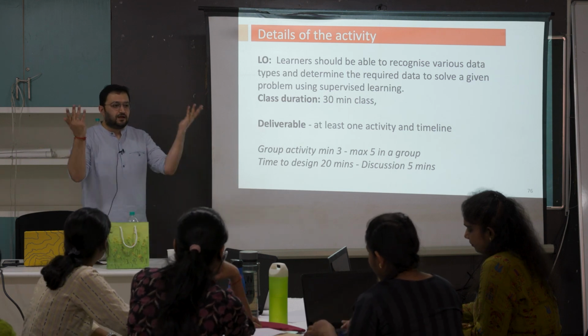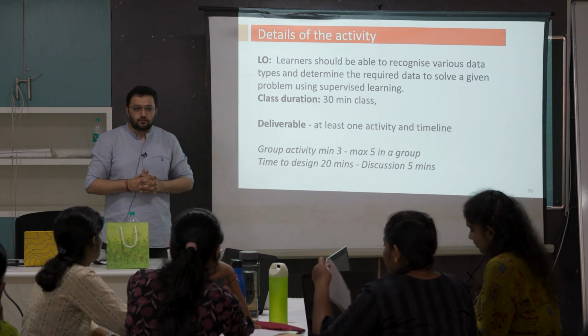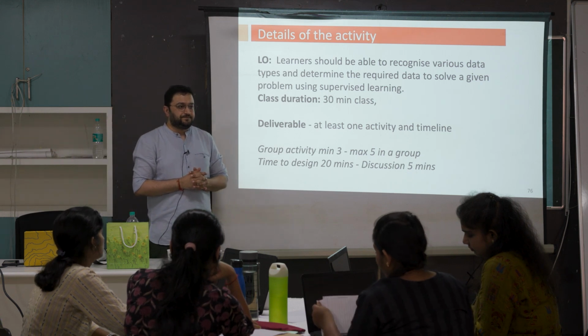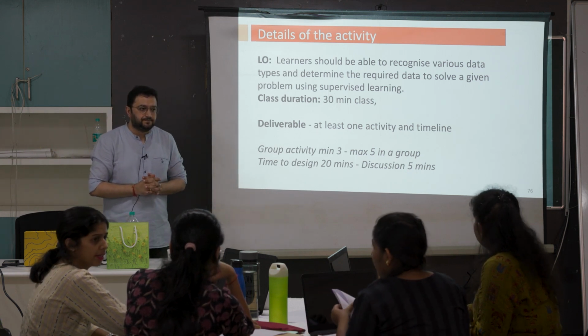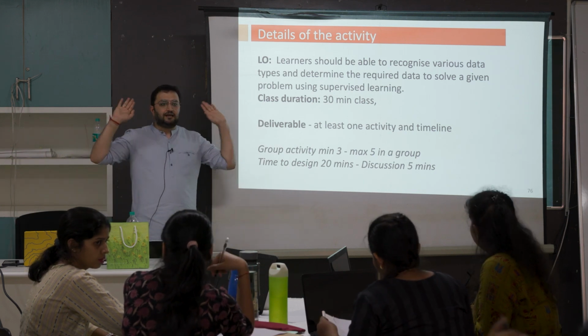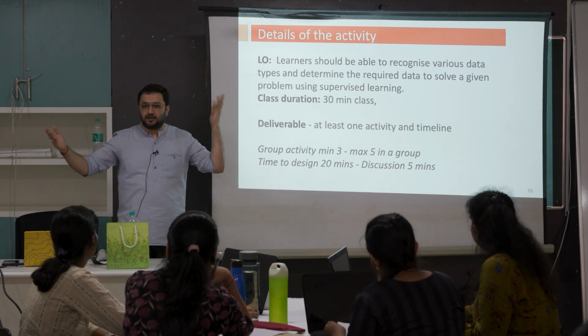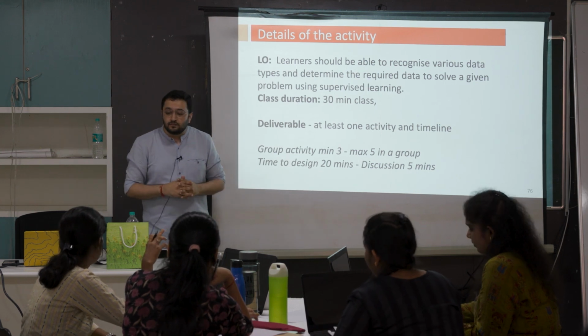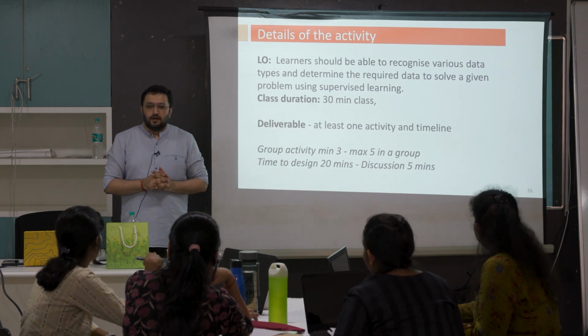I've given 20 minutes. If we are able to do it quickly, we'll just move to the next one. Hope I'm clear. Any doubts, you can just raise your hand, ask me, call me. Yeah, you can.